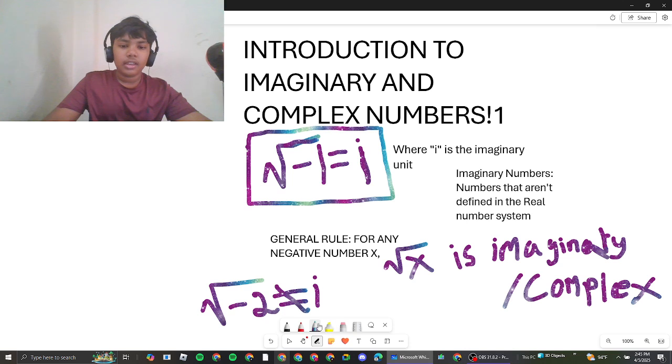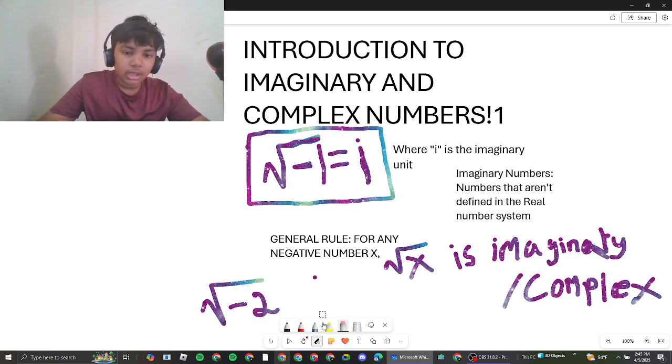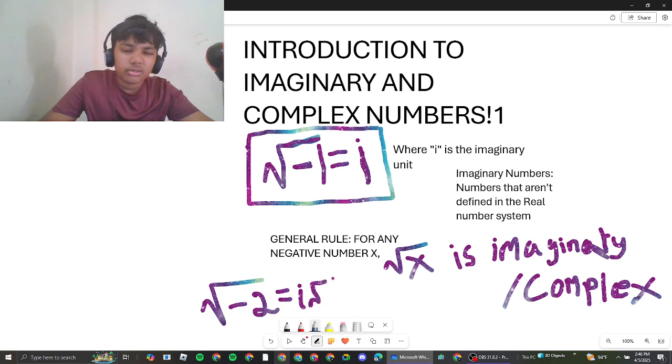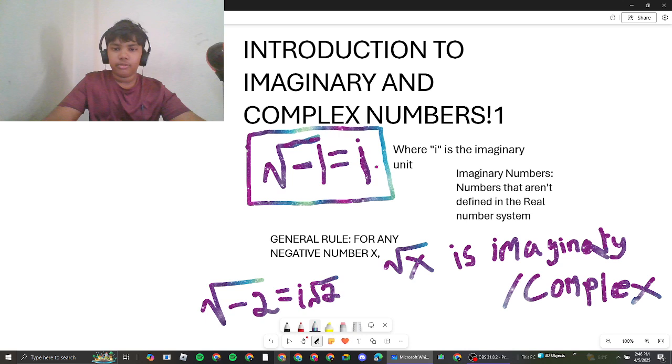You can think of it as a formula: the square root of negative 1 is I. So the square root of negative 2 would be I times the square root of 2, get it? Because in here we can write I times the square root of 1. So this is the same as this.